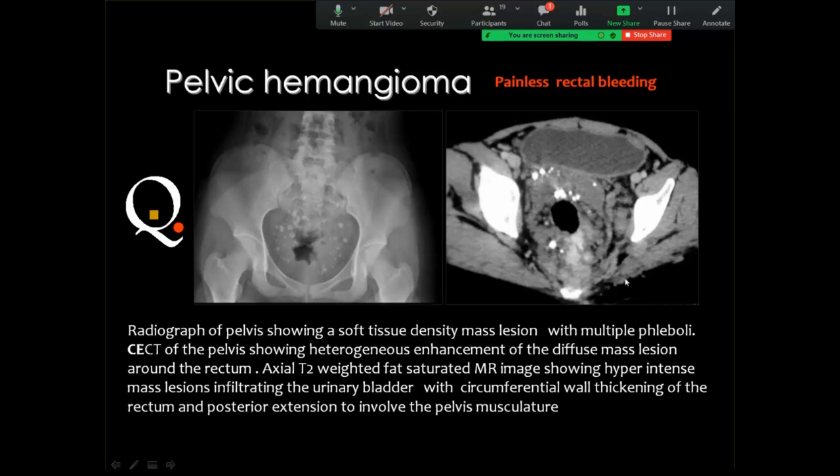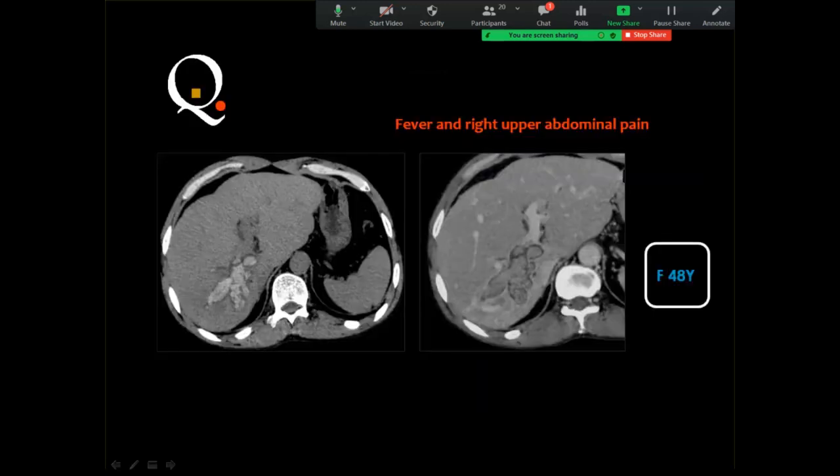This is the case where you got a soft tissue mass surrounding the rectum and pushing the bladder, containing the phleboliths seen in the plain film, as well as showing some areas of contrast enhancement, which is a classic diagnosis of a hemangioma in the pelvis.